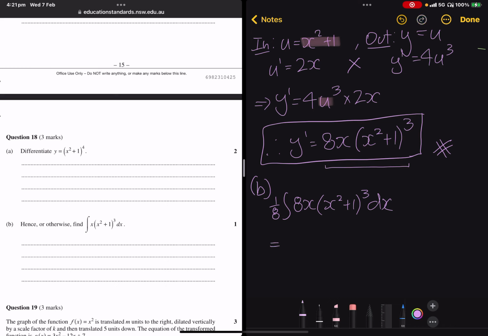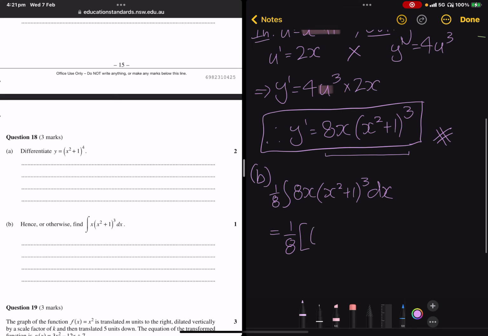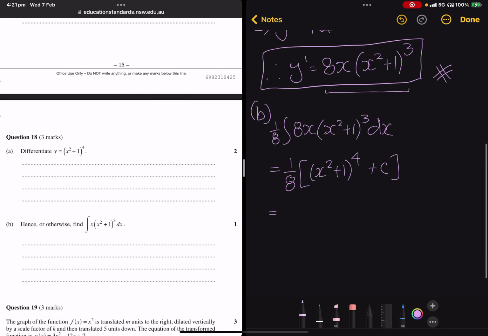So when we do this integral, this is going to be 1/8 times this function up the top, x squared plus 1 to the 4, plus a constant of integration. And when we expand this through, this will give us 1/8 times x squared plus 1 to the 4, plus c times 1/8.